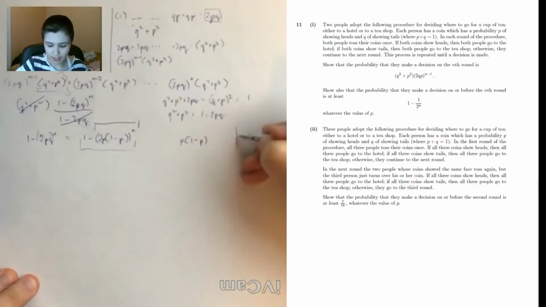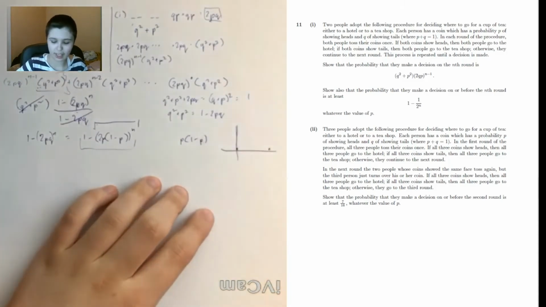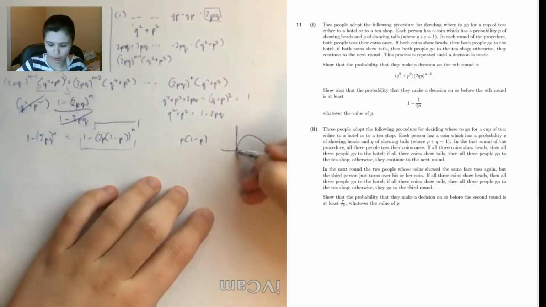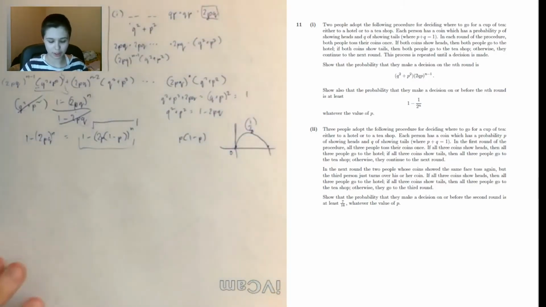And p times (1 minus p) is in fact a quadratic with roots at 0 and 1, and so the maximum is going to be in between those two roots, and that's a half, and the x value is going to be something else.